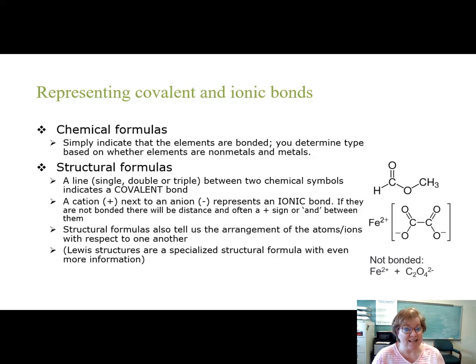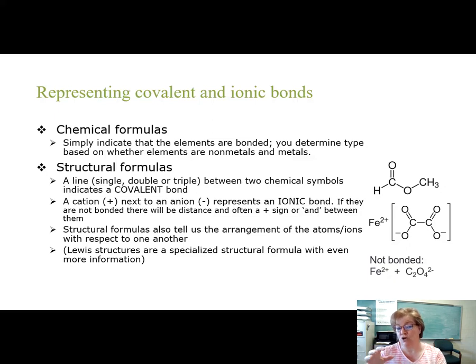So when we draw lines in these structures, that line is representing a covalent bond. So anytime you see lines, you're thinking, okay, this is a covalently bonded structure. And we will talk about Lewis structures where they get very detailed with these covalent bonds. We also have ionic structural formulas. No lines. The bonds are simply implied by putting positive charges right next to something with negative charges.